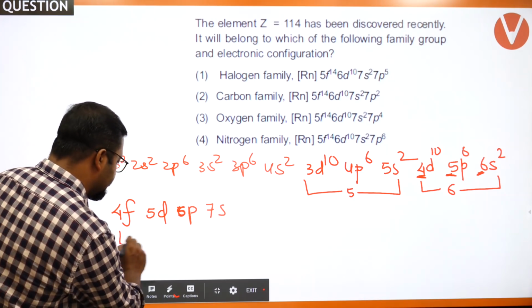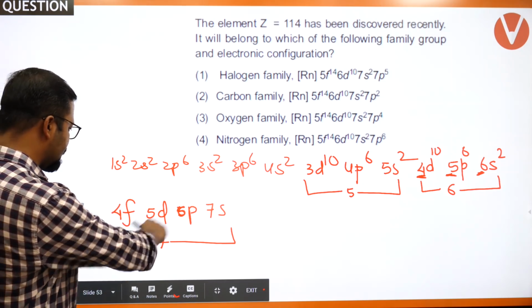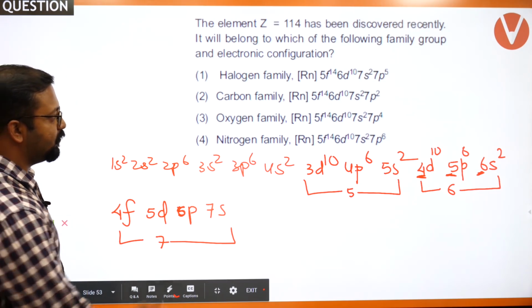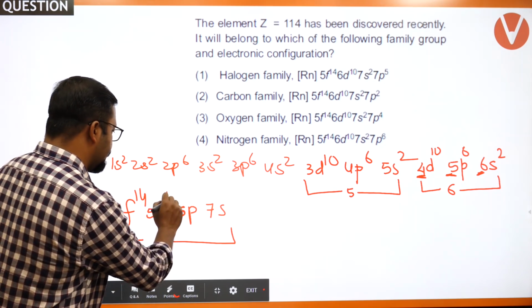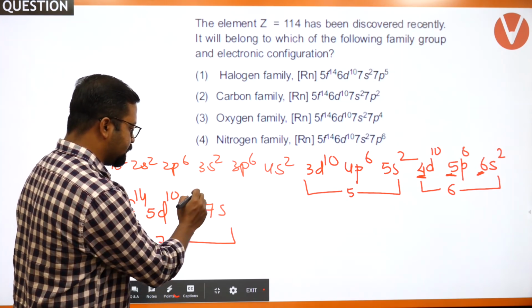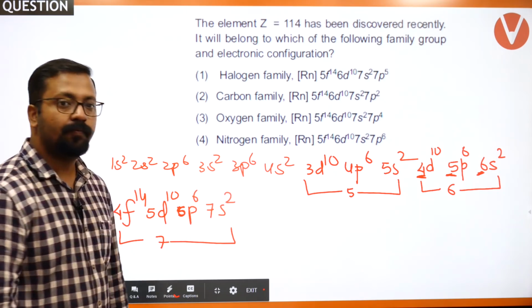Okay, this will be a total of 7. 4f 14, 5d 10, 6p 6, 7s 2.